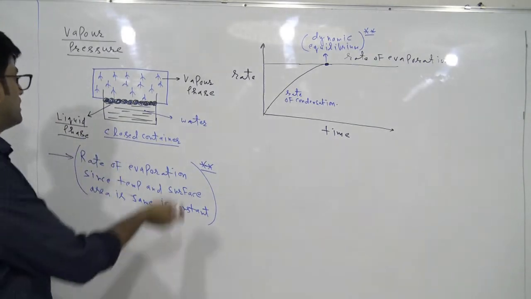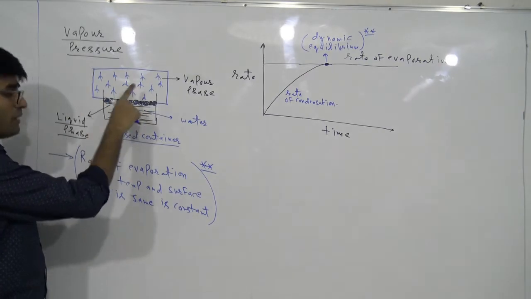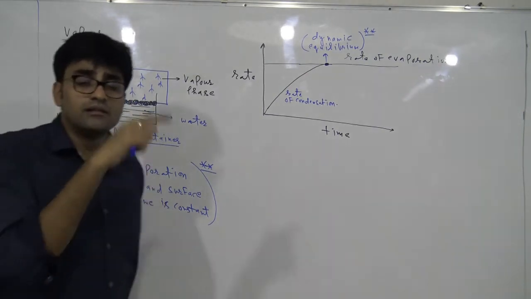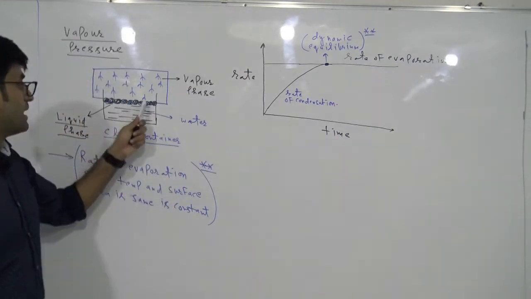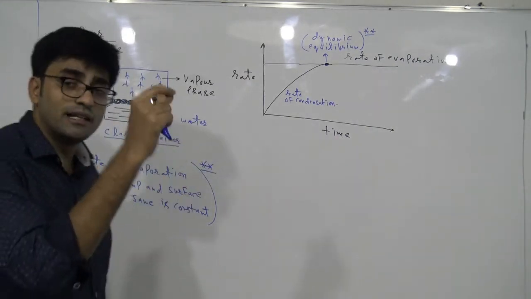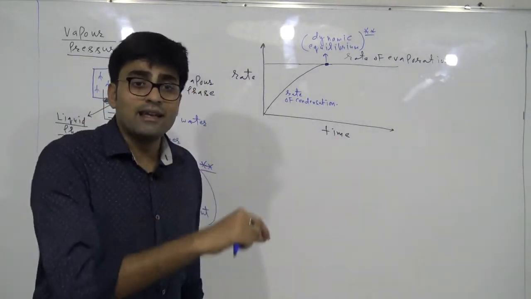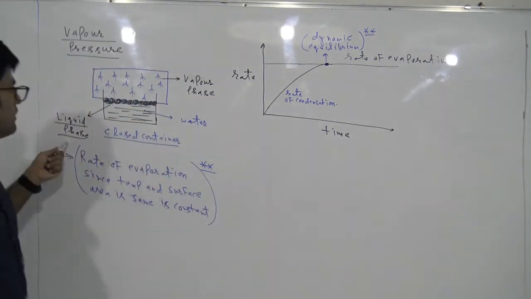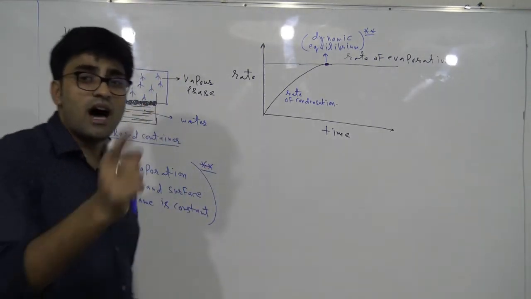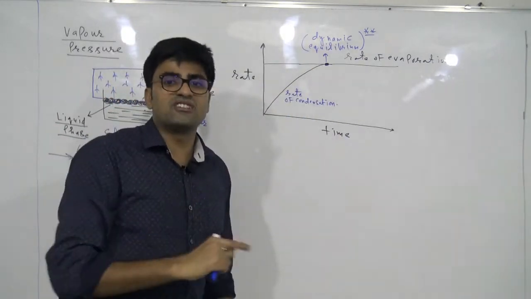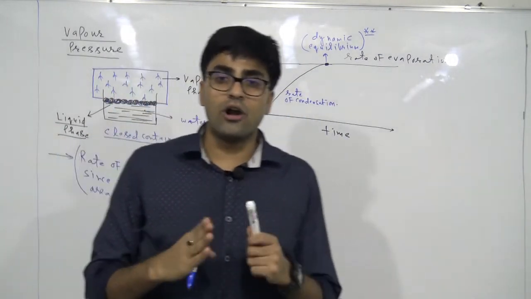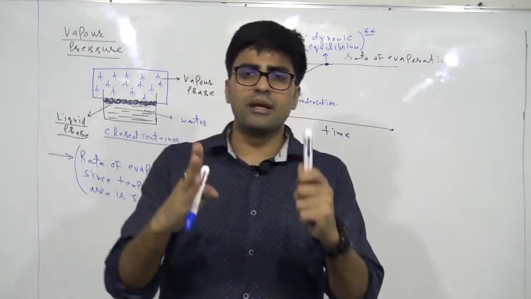The pressure exerted by the vapors on the surface of the liquid when liquid phase and vapor phase are in dynamic equilibrium. That pressure is called vapor pressure.